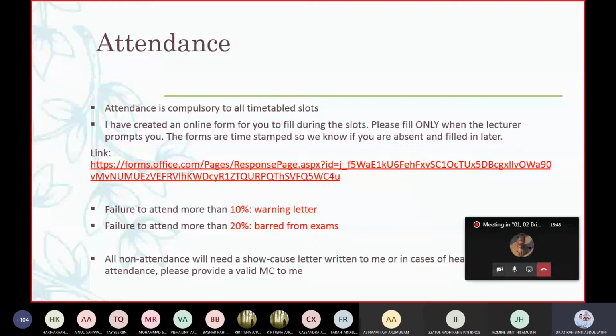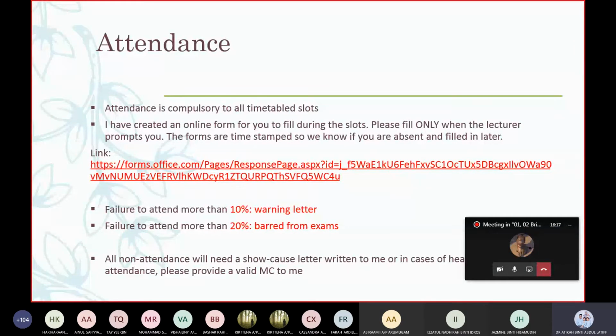So whenever you fill the form, it will come out in our record what time you filled in the form. Whenever the lecturer asks you to fill in the form during the lecture, at any point of time, we only accept the forms that are filled during that time.